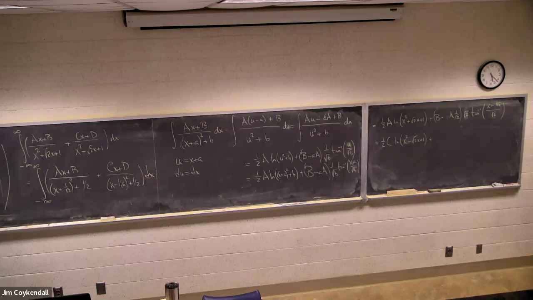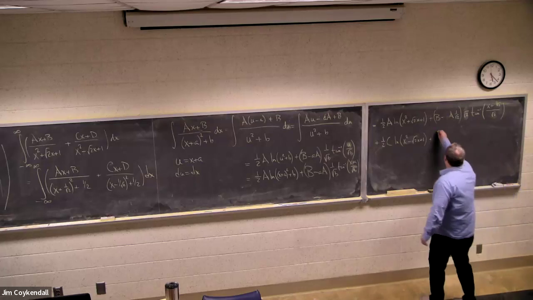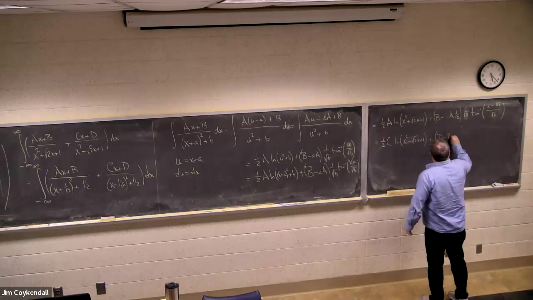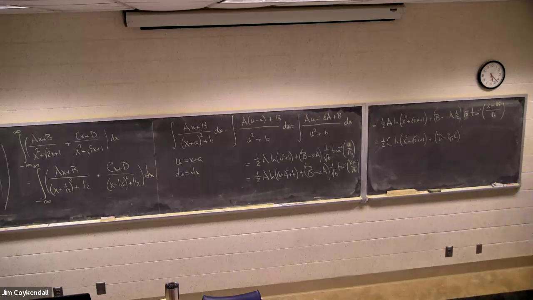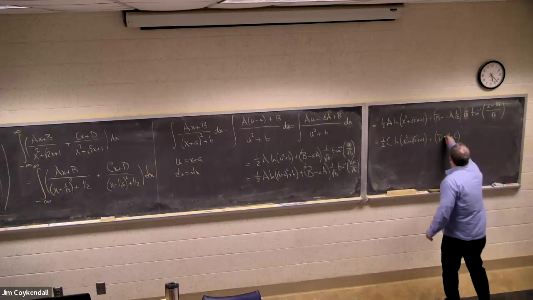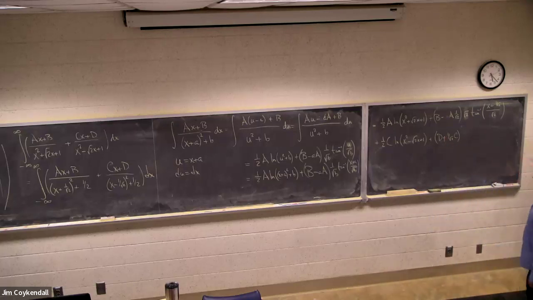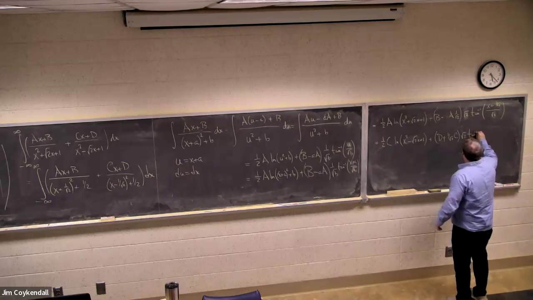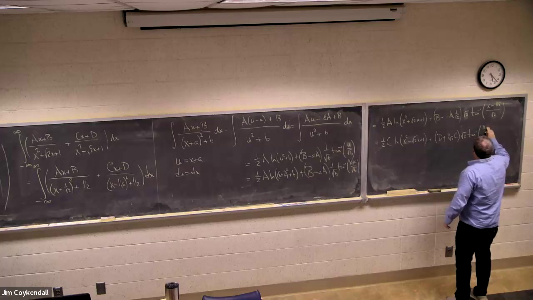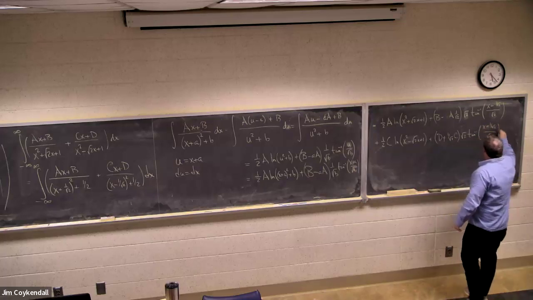In this case, it's D minus 1 over radical 2 C. That makes sense? Plus, because A is negative. Because it's negative now, thank you. So that should be a plus. And then radical 2 again, inverse tangent of x minus 1 over radical 2, times radical 2.